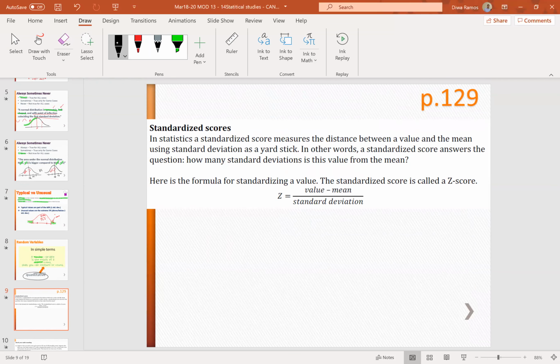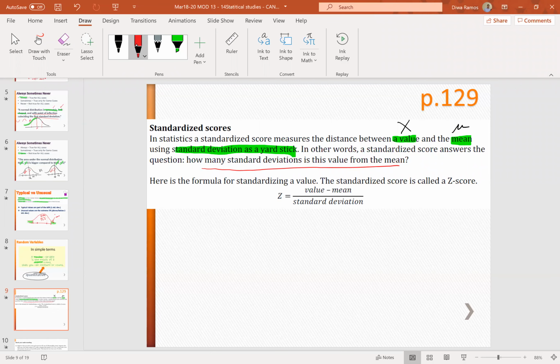All right. So in statistics, a standardized score is a distance measurement between the value that you have, that's your x value, and the mean, which is your mu. The way to measure them is through standard deviation. In other words, a standard score answers the question, how many standard deviations is the value from the mean?